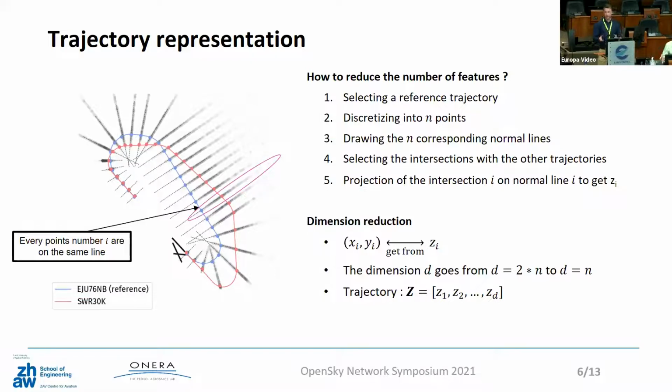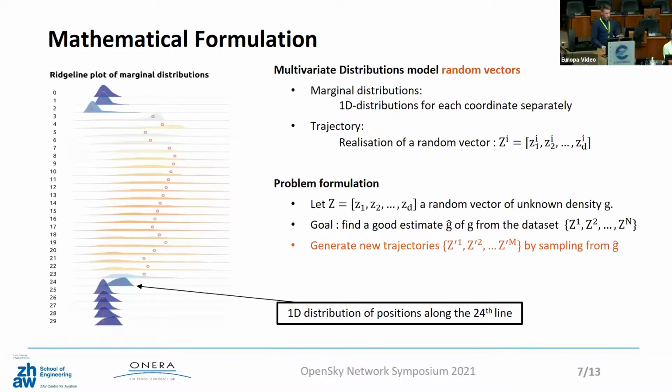And we can of course get the lateral representation X and Y from Z, and the other way around, also pretty simply. It reduces the dimension of the representation of a trajectory by a factor of 2. So if we have a trajectory of 30 points, we just need 30 features to describe it. A trajectory is represented by just a vector of 30 scalars. So we have our suitable representation of trajectories.